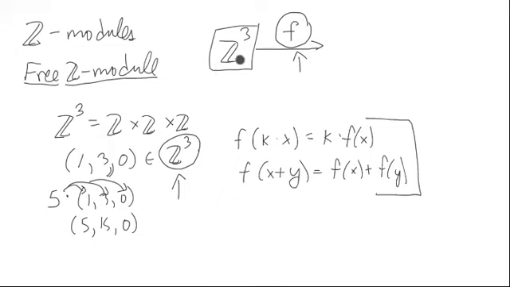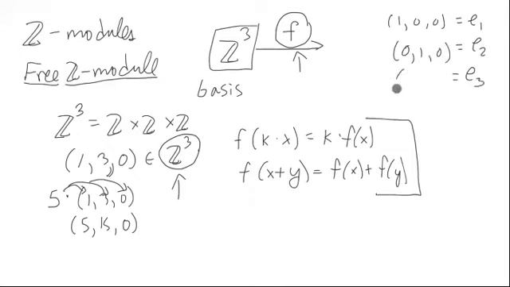Namely, I say that Z^3 is free on what we're going to call a basis, a set of 3 things: (1, 0, 0), which I'll call e1, (0, 1, 0), e2, and (0, 0, 1), we'll call e3.